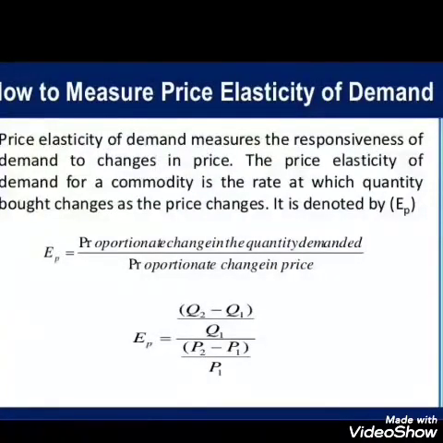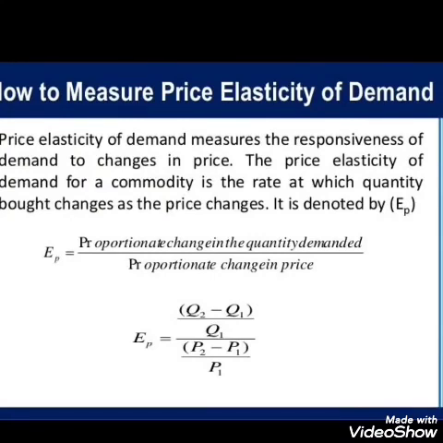That means the elasticity of demand for a commodity relates to the quantity bought as the price changes. It can be denoted as ED. The percentage change method is the most commonly used method for measuring price elasticity of demand.